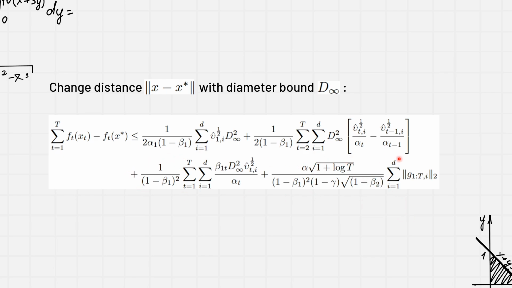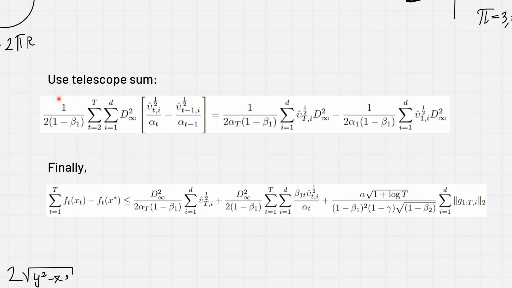And then we see this summation. And we found that by using the telescoping sum, except the second term over t equals 1 and the first term at t equal to big T in the summation, the other terms will be removed by subtracting themselves. Like, if t is 2, we have root epsilon 2i hat over alpha 2, and at t is 3, we have minus root epsilon hat 2i over alpha 2 here also.